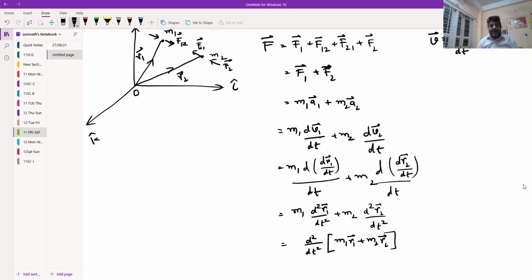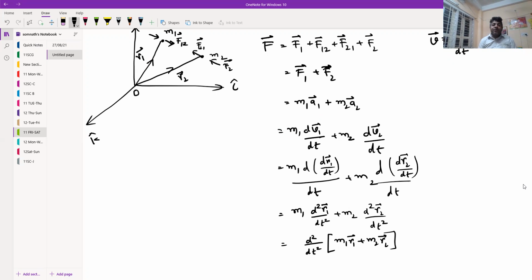You can neglect it, but maybe it is present. So we can take F of 1 2 and F of 2 1. But as it is a two particle system, they are equal and opposite, so they cancel each other. So I can say that part is 0. So my actual force is F1 plus F2.